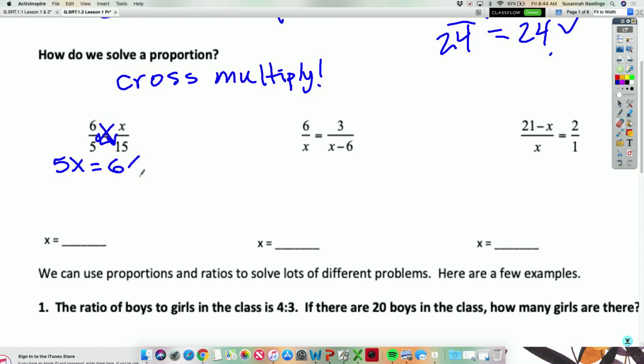And then on this side, I'm going to do 6 times 15. What's 6 times 15? 90. Equals 5x. And then what's my last step here? Find out x. Divide by 5. So x would equal what? 18.